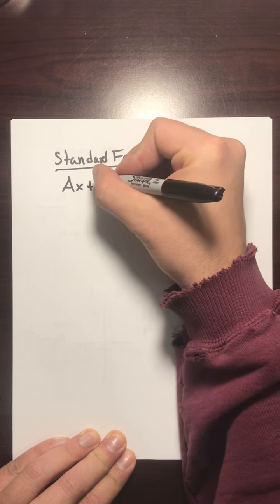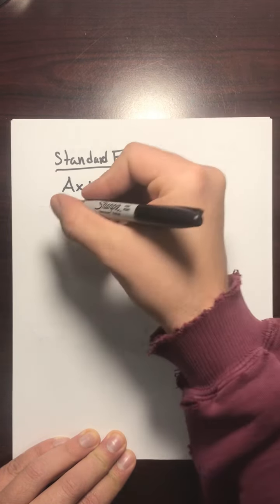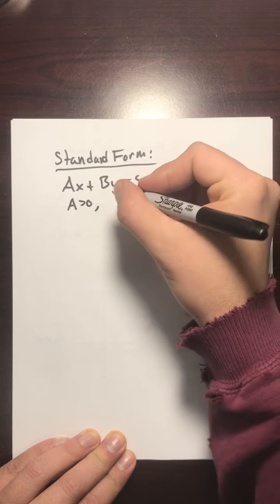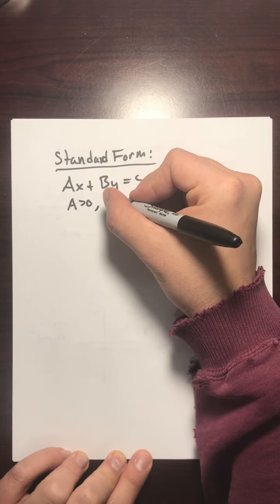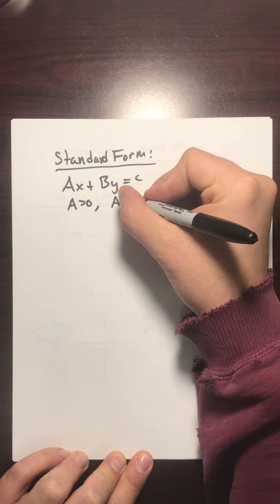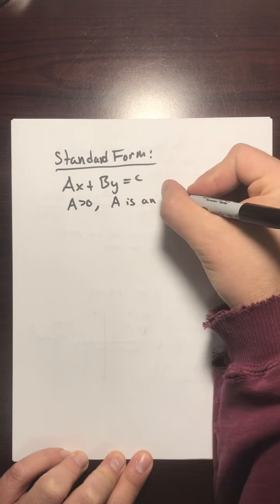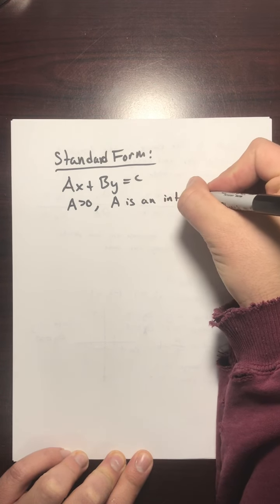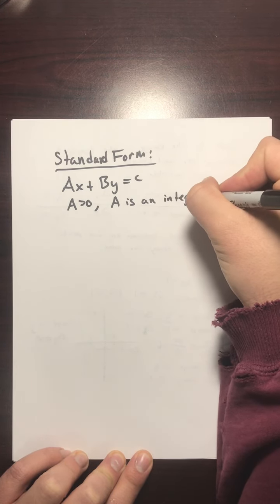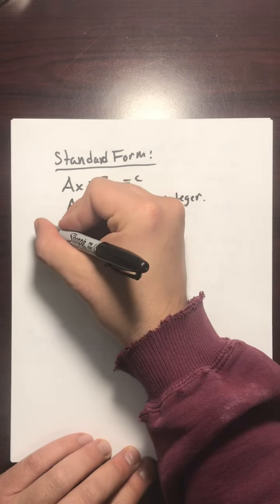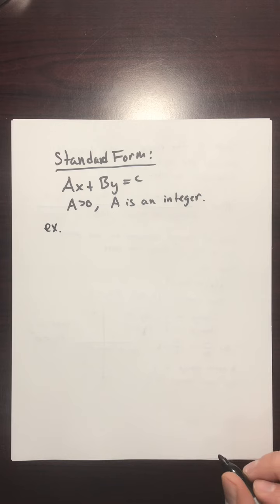Standard form of a line is ax plus by equals c, where a is greater than 0, probably could have just wrote that a as a natural number. So ax plus by equals c, that's called standard form of a line.